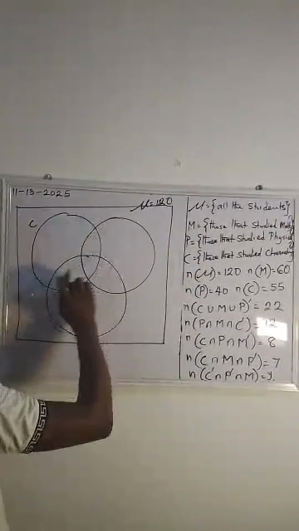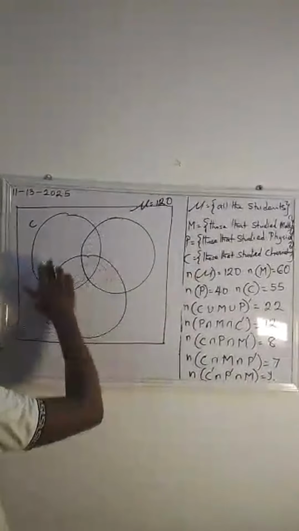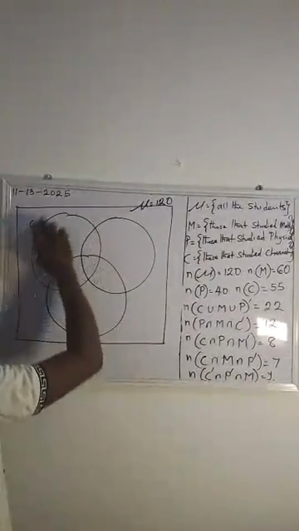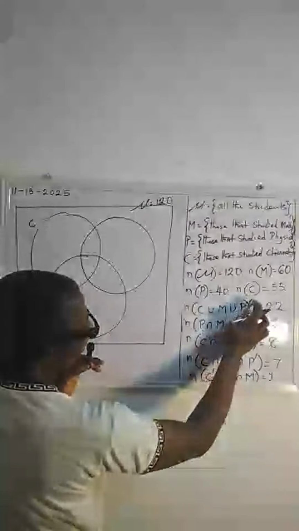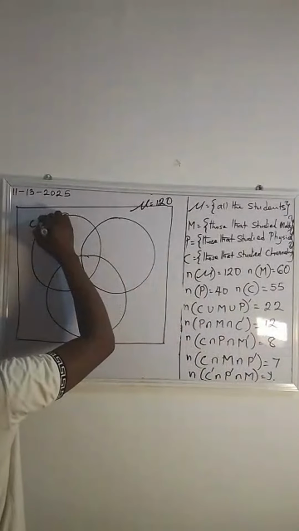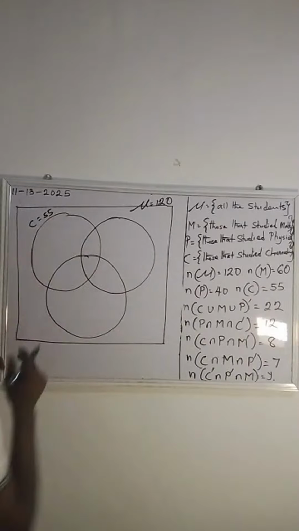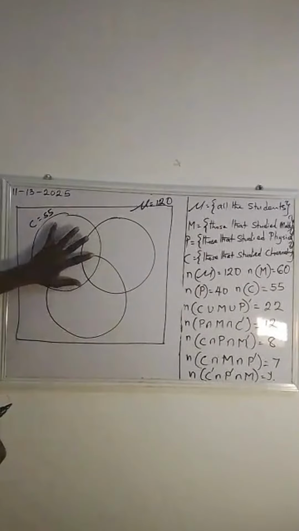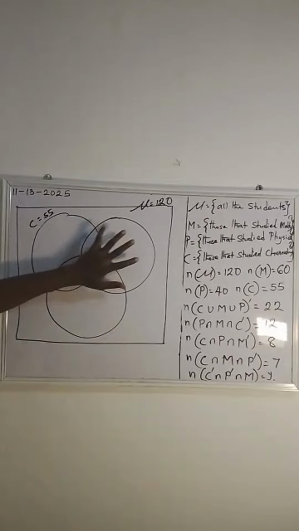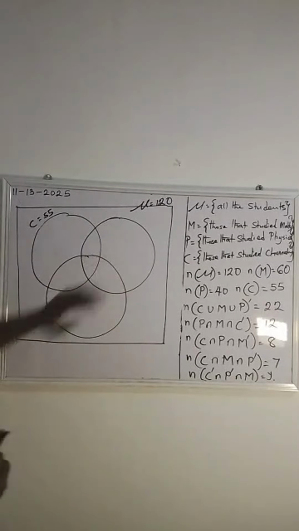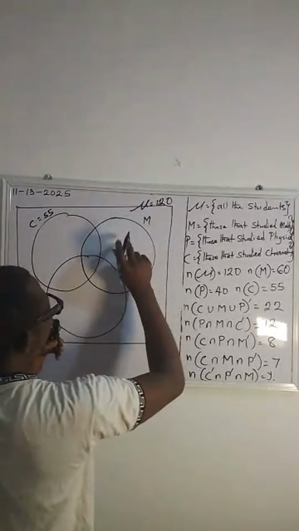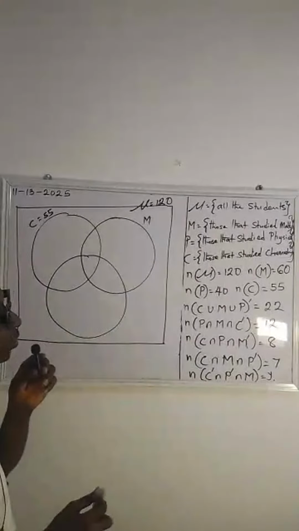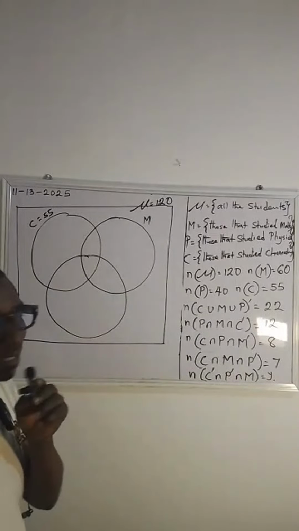Now, let's get the number of all the students in this circle, set C. How many are they? C, 55. They are 55. So that means the maximum of students in this circle is 55. Now let's look at this circle. Let's call this M, which is the set of those that study mathematics.